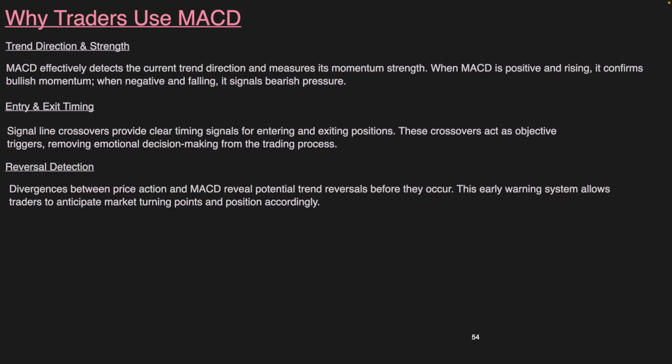Divergence means if the market price is moving up, suppose let us say Nifty 50 is trending up every day, but the MACD values have started trending down, then there is a divergence because Nifty 50 is trending up, whereas MACD is trending down. So whenever there is divergence, one has to be careful.